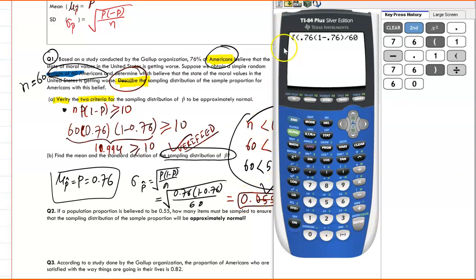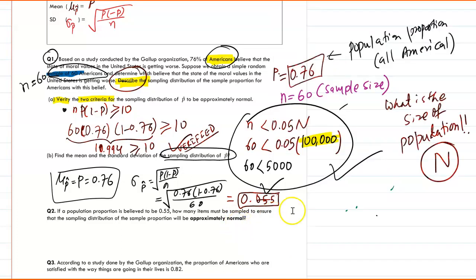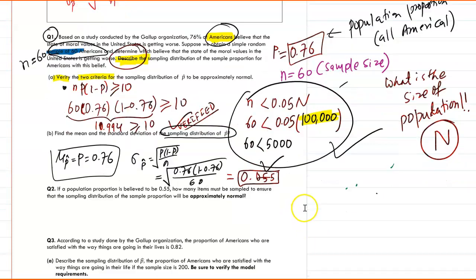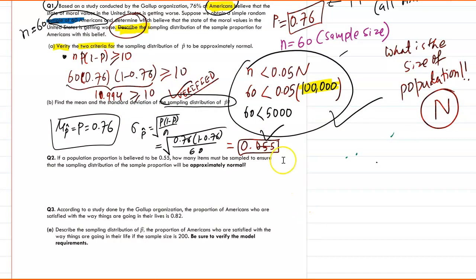But notice that I started the square root with a parenthesis, so I have to close it, and then enter, and I get 0.055. That's to 3 decimals. It depends on the instruction how many decimals you have to round to, but here I rounded to 3 decimal places. Okay, question number 1 is finished.